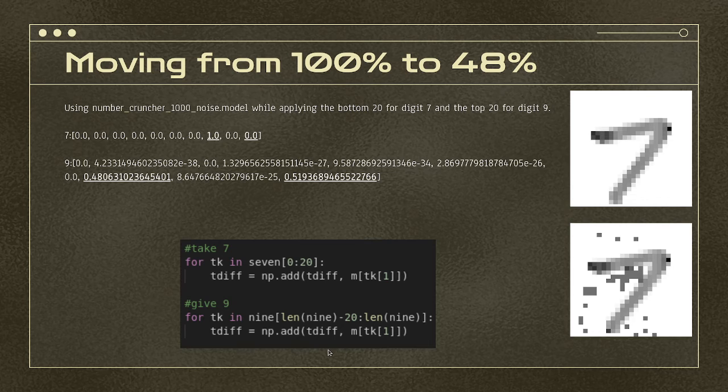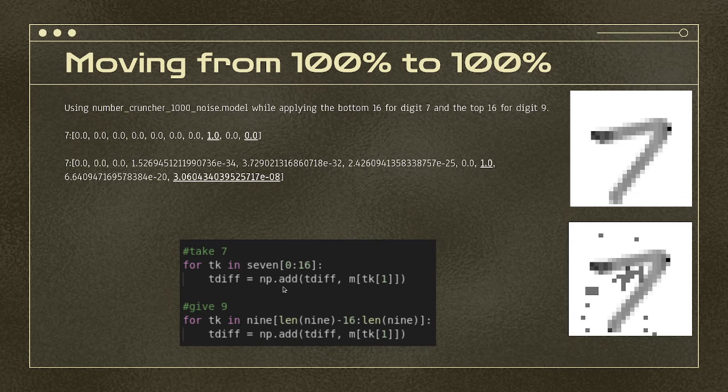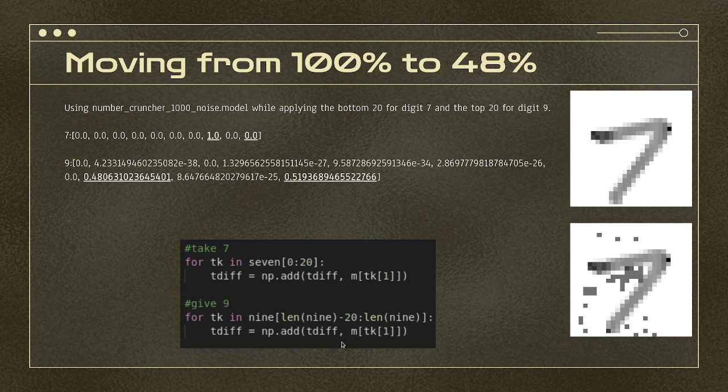So instead of taking in the previous grouping the bottom 16 and the top 16, we're just going to take the bottom 20 and the top 20. And even with this very overtrained model, we have now caused misclassification.